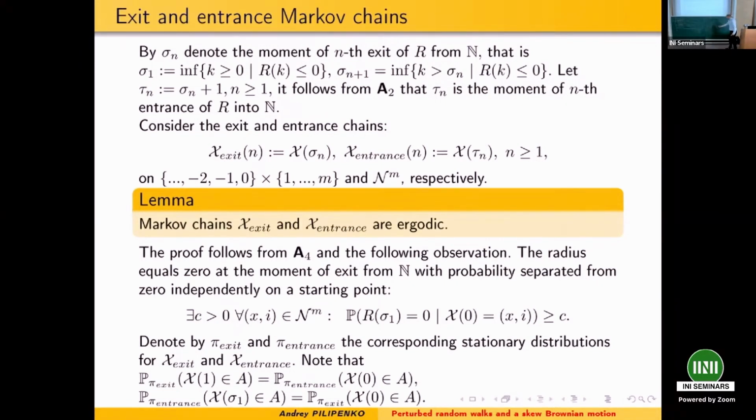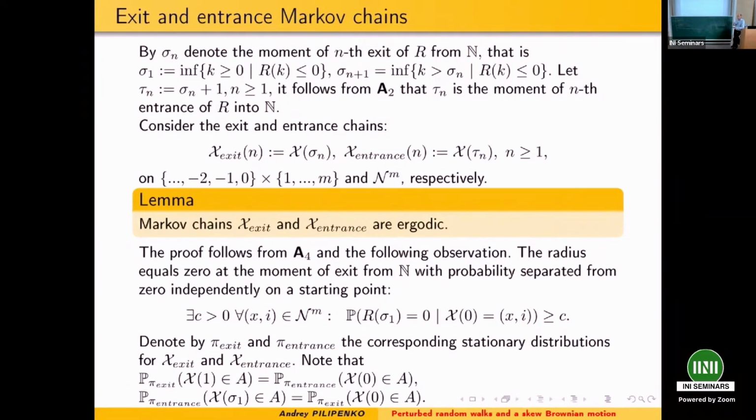If you have a renewal epoch, then you have a stationary distribution. So a stationary distribution for exits exists. And what is entrance? Just one step after exit. So again, a stationary distribution.